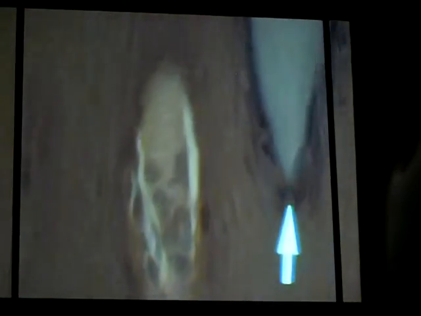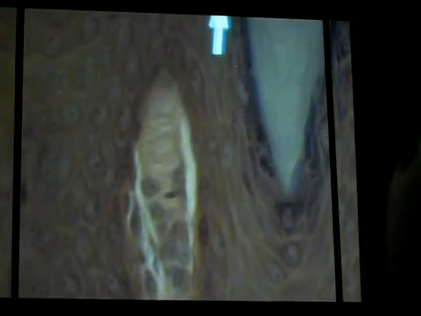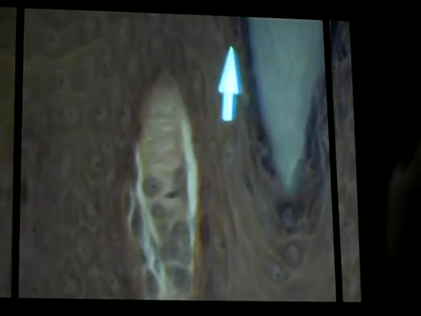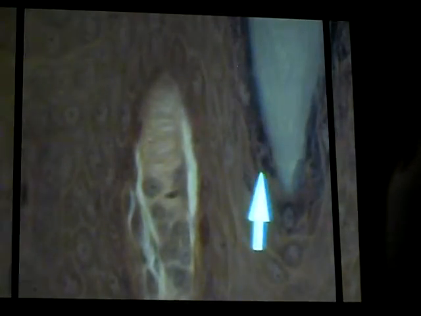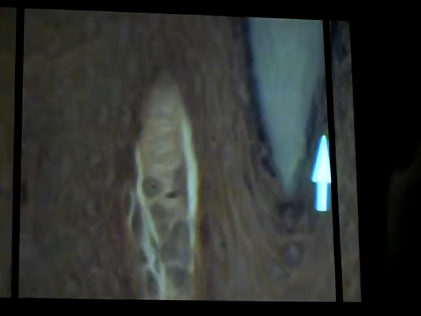Once you get to this outer layer here, this is your stratum granulosum. Again, notice the cells have granules in their cytoplasm. They look granular. So that's your stratum granulosum.